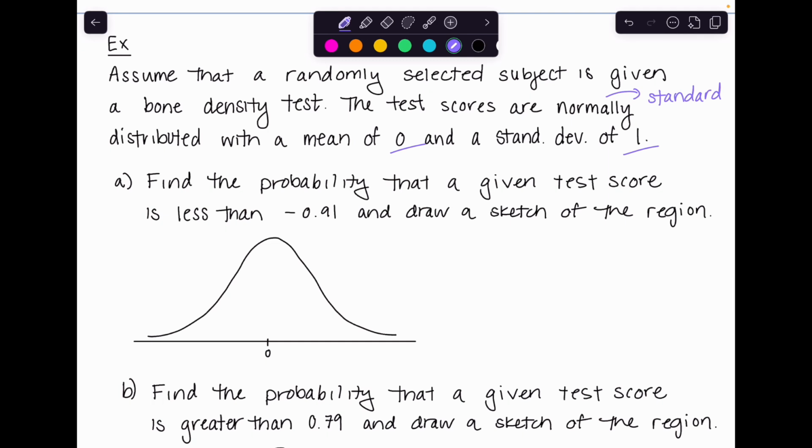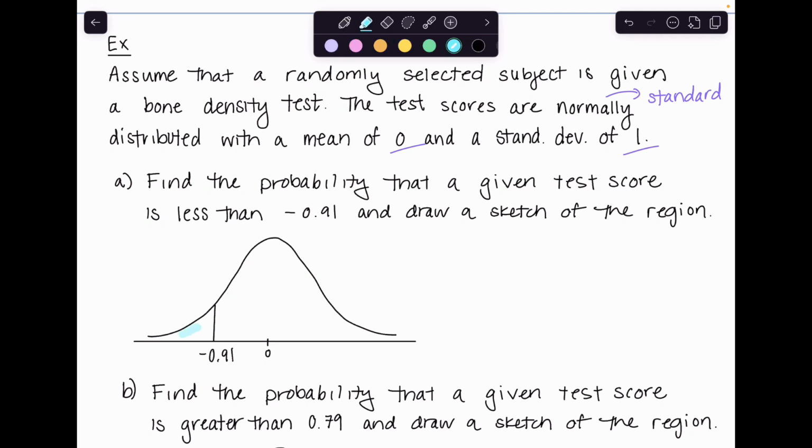So I've got that 0 in the center to represent my mean, and I want a test score of negative 0.91. So if I were to consider that, that's somewhere over here to the left, negative 0.91. I want the probability that the test score is less than this.